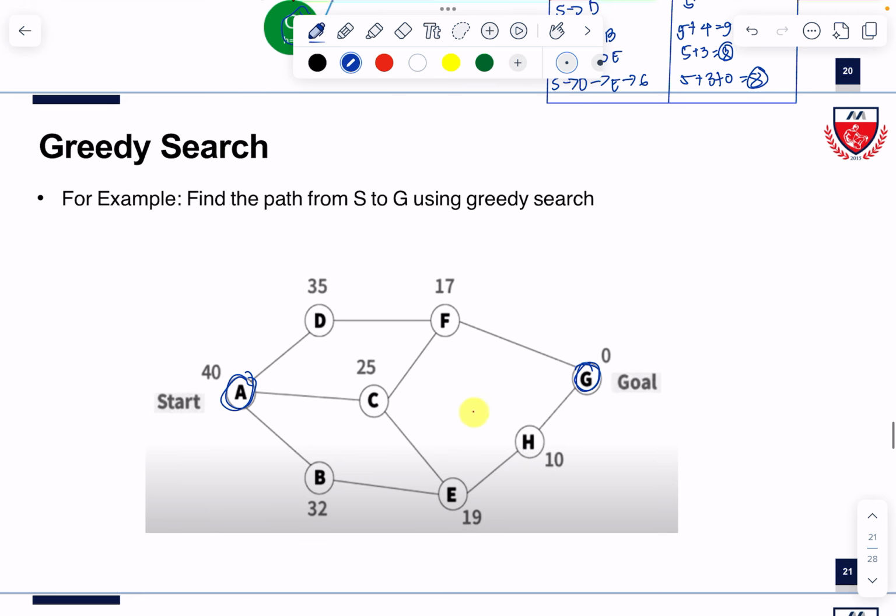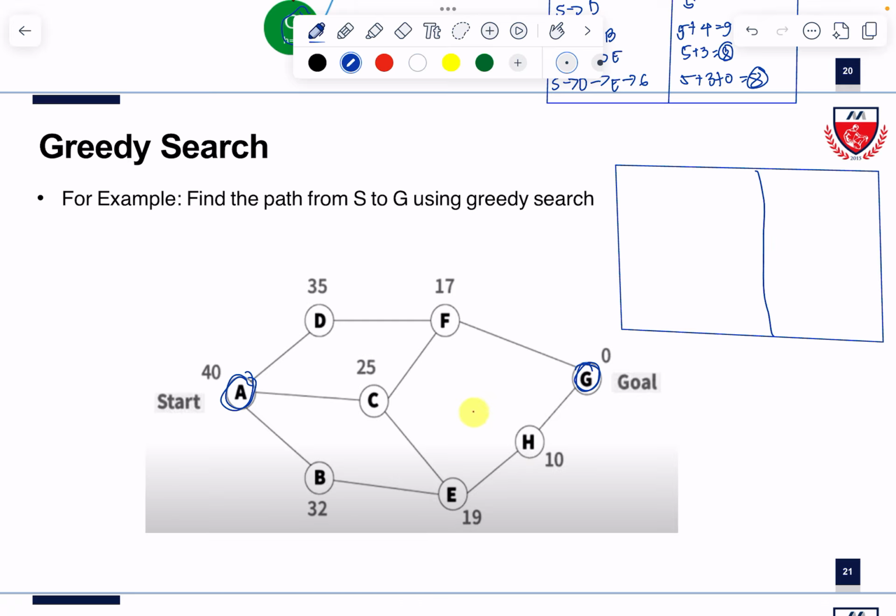So let's have another example using the greedy search algorithm. Let's create another table so that it's easy for us to understand. From our initial state to the goal state, we have 40 as our estimated cost. So let's find the path from S to G using greedy search.